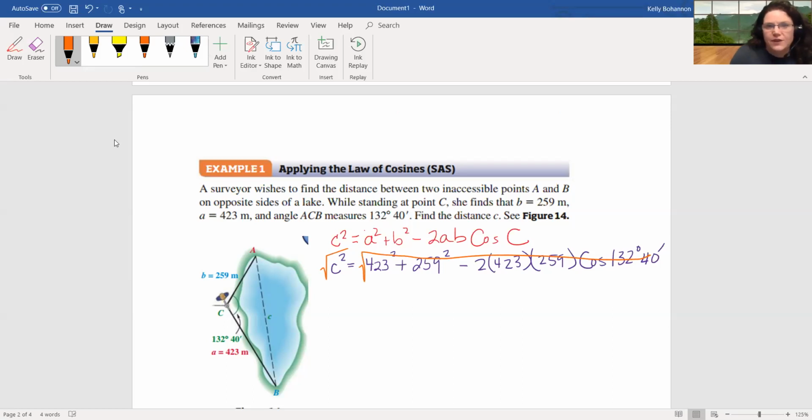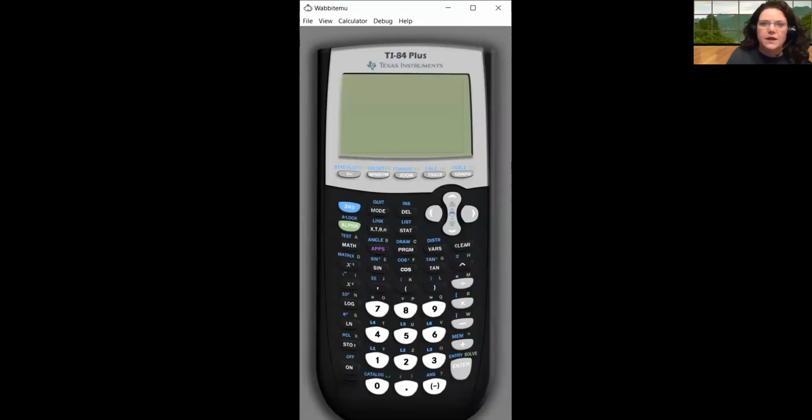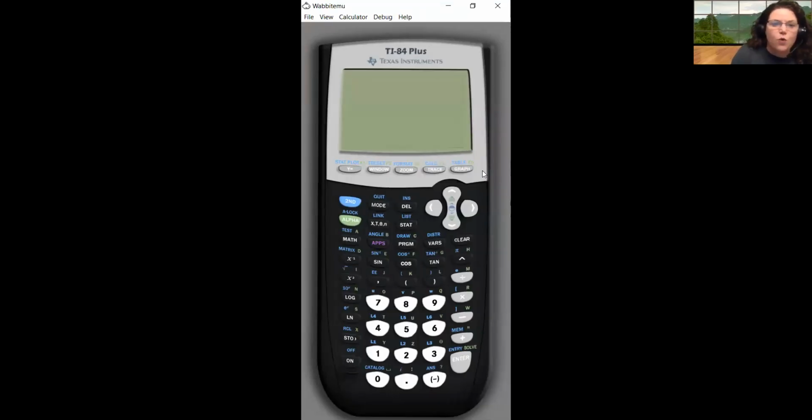Your calculator will actually do all of this at one time. So let me pull up the calculator so you can see. I'm just going to plug that whole big thing in. I'm going to get a square root sign.